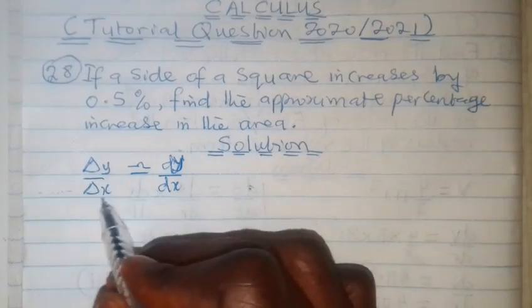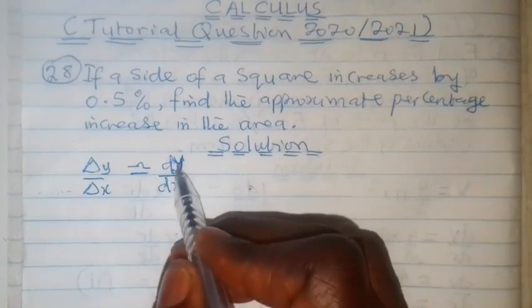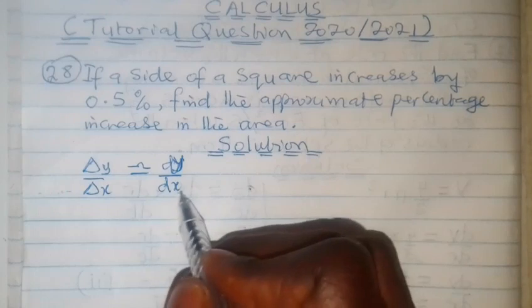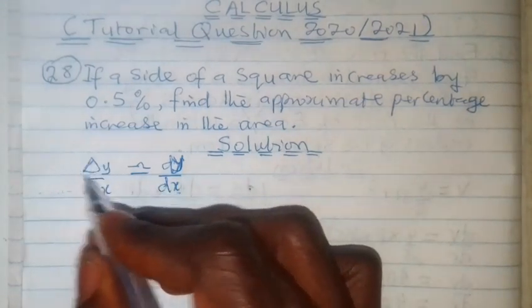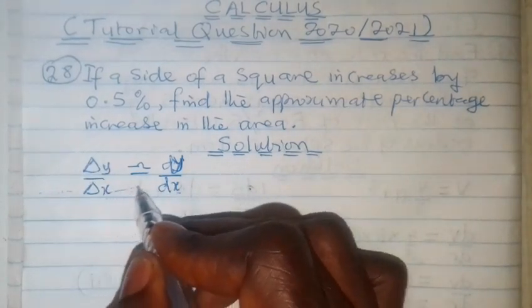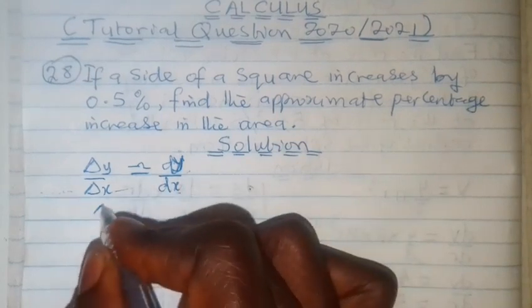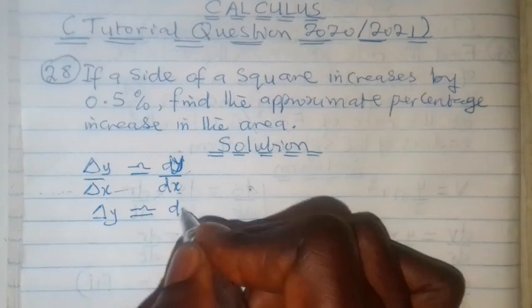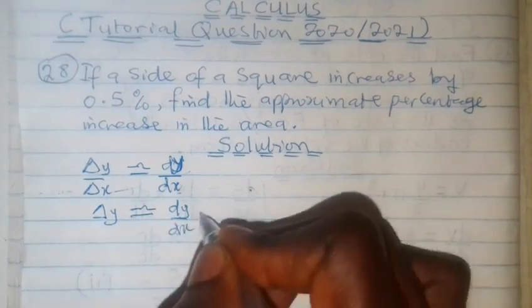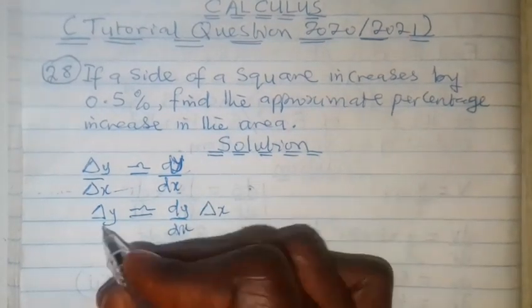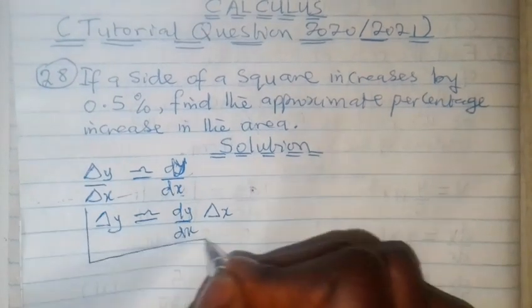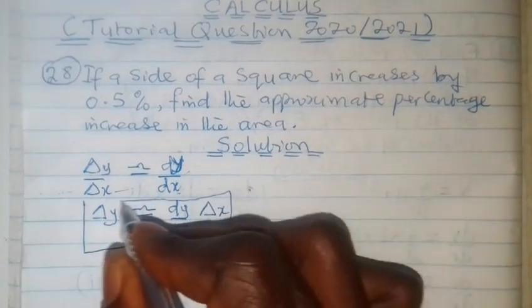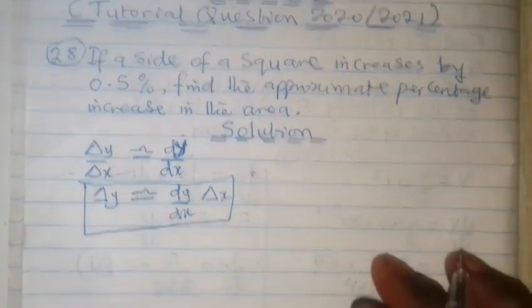So if I'm looking for the change in y, I have to cross multiply delta x to this side, and that will give me delta y roughly approximate to dy/dx times delta x. So this is the approximate value we are going to be using for this problem today.